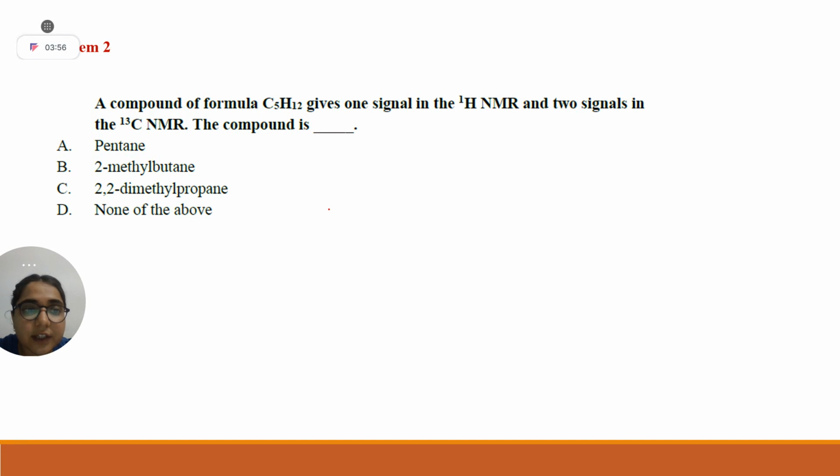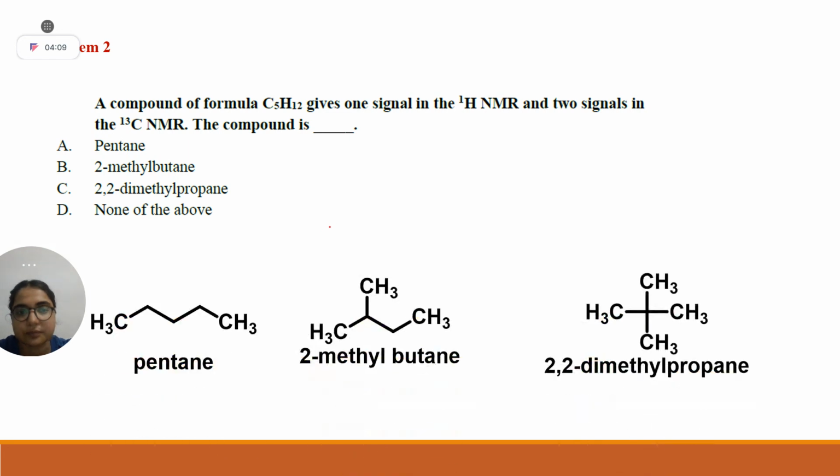So next we covered: a compound of formula C5H12 gives one signal in proton and two signals in 13C NMR. The compound is... So which is the correct answer? Whenever you get a compound like this, you first see if there is any symmetry in the molecule, right?